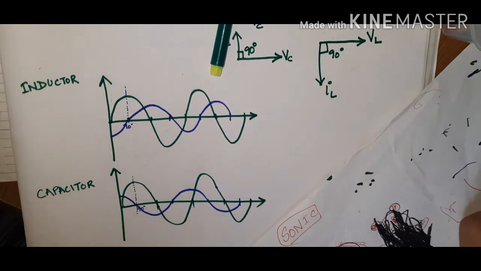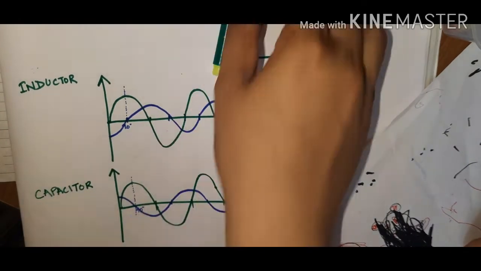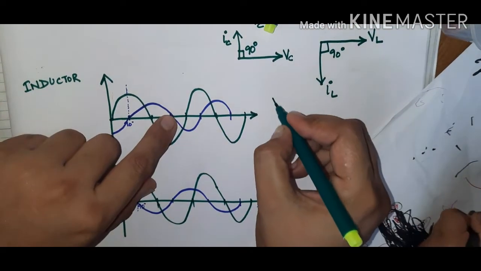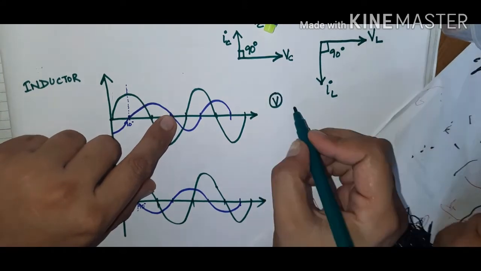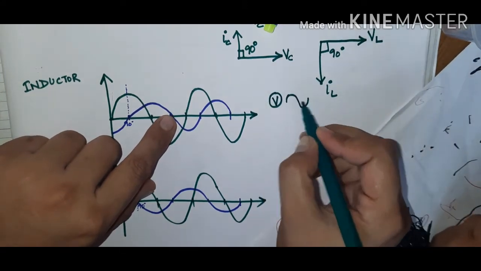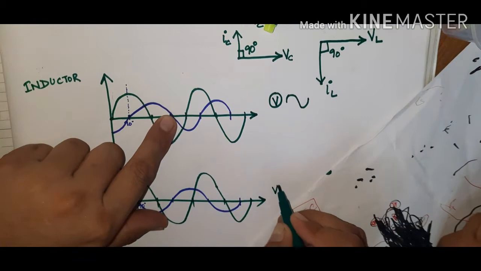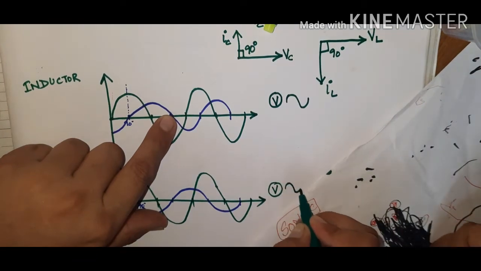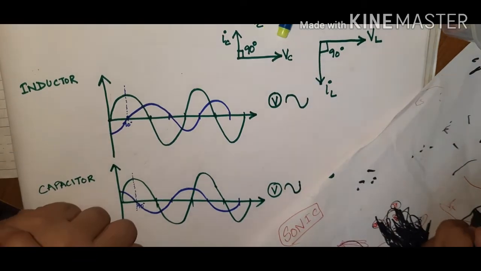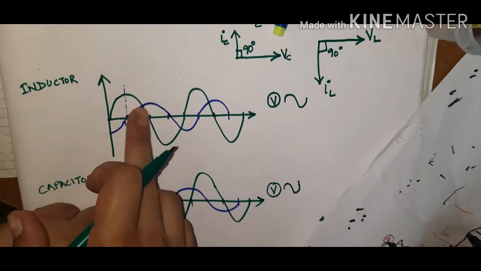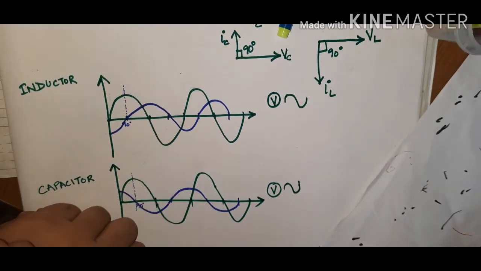Alright, now this is also fine. This is basically the voltage waveform. This is again the green one I'm drawing. This is all the voltage, and this one which I'm drawing over here is the current waveform.